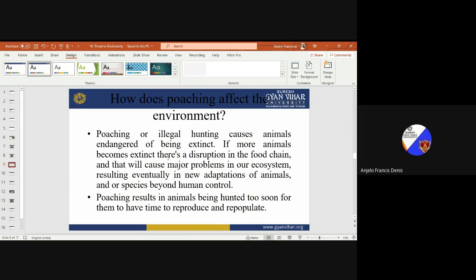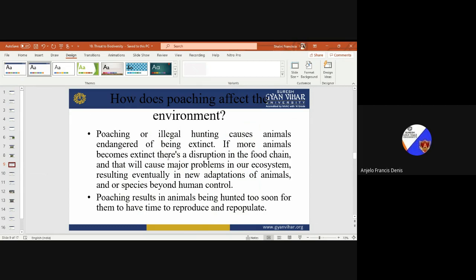If more animals become extinct, there is a disruption in the food chain, and that will cause major problems in our ecosystem, resulting eventually in new adaptations of animals and species beyond human control. Poaching results in animals being hunted too soon for them to have time to reproduce and repopulate.